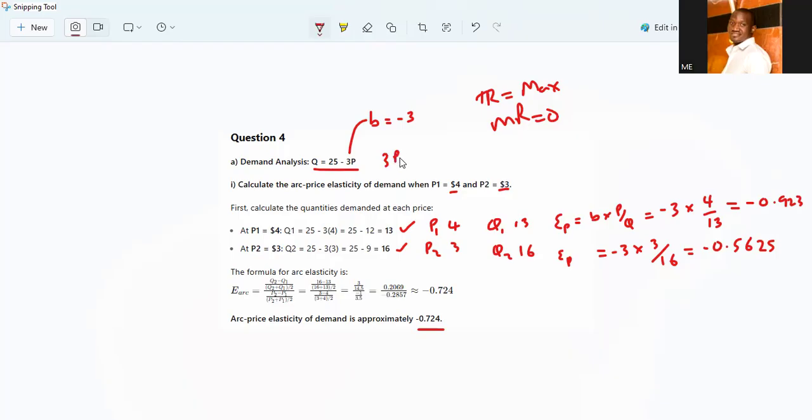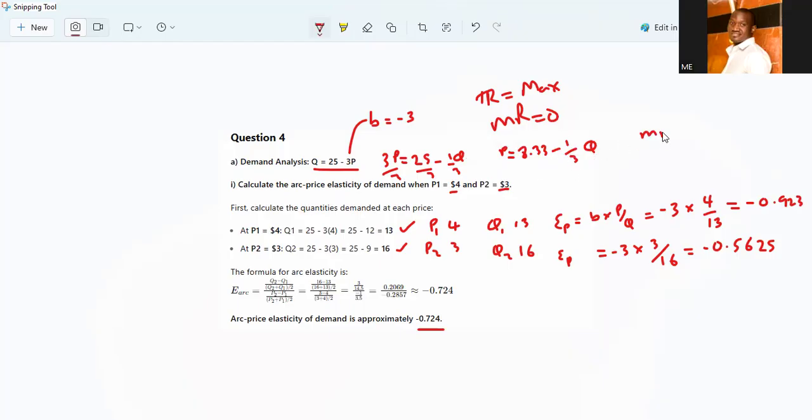When this one comes aside, and this one comes aside, so we're going to have what? 3P is equal to 25 minus Q. So divide by 3 here, divide by 3 here, divide by 3 there. So P is equal to 8.33 minus 1 over 3 Q. Then the marginal revenue, just multiply this one by 2.